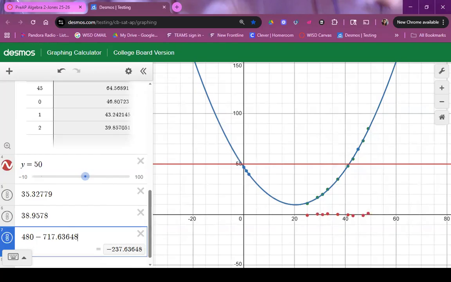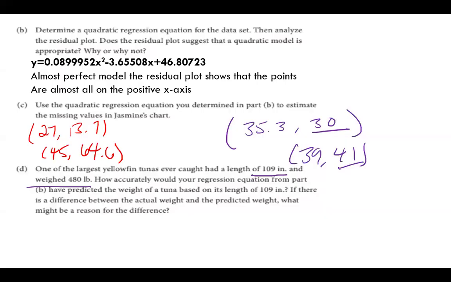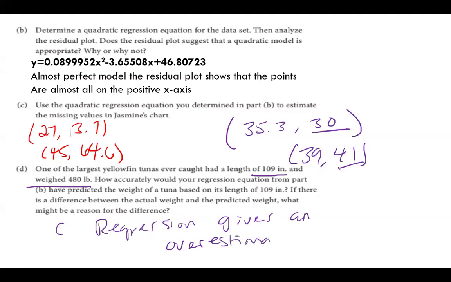So on here, we would write regression gives an overestimate of, what was it, 717? What was our overestimate amount?